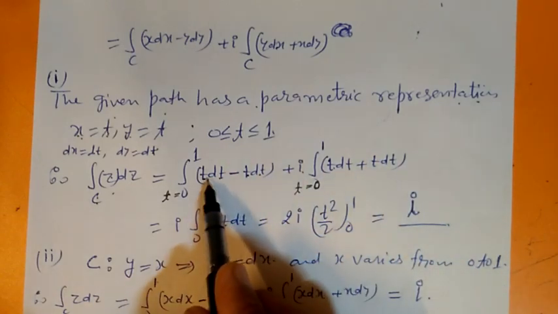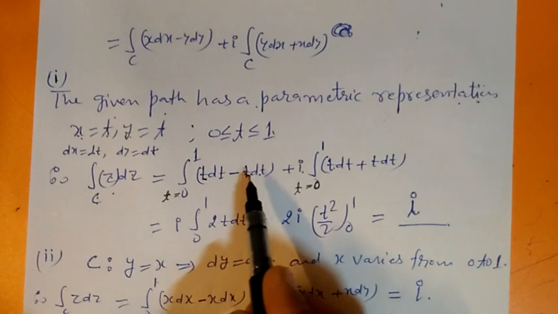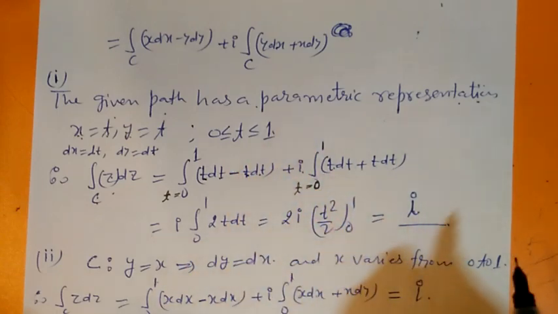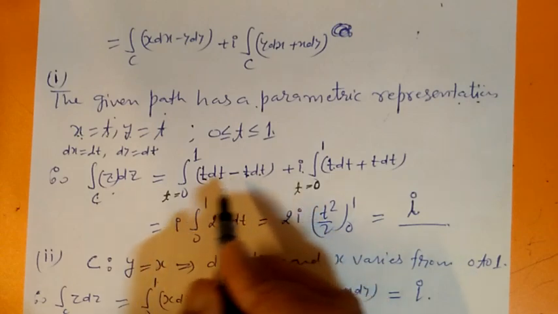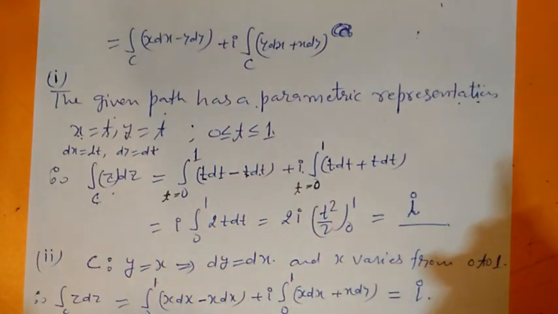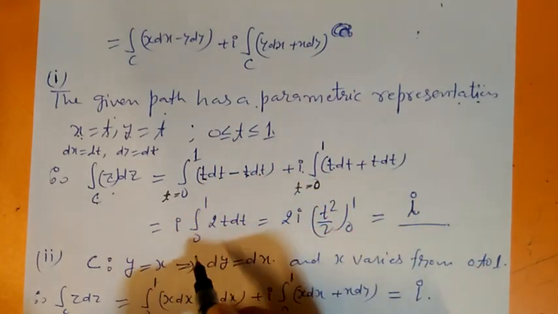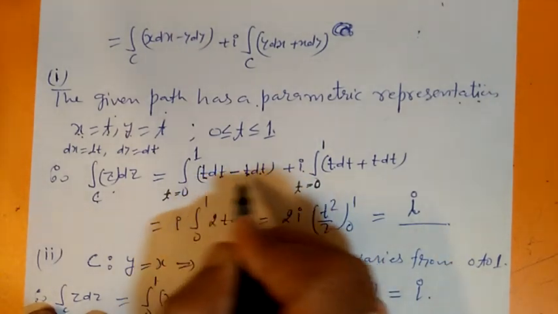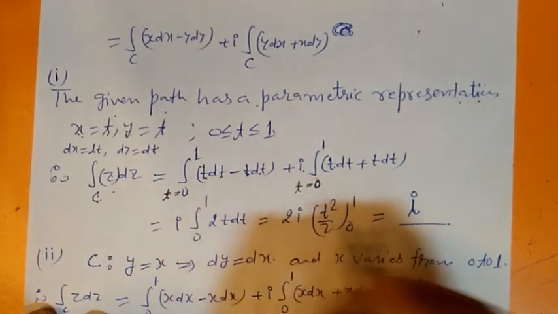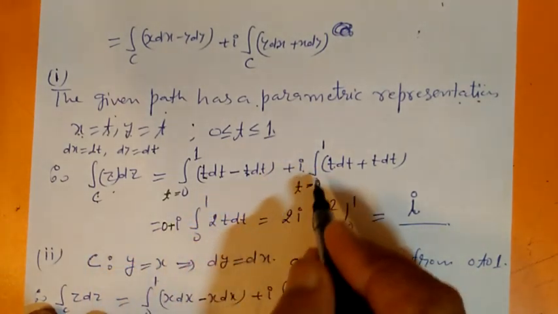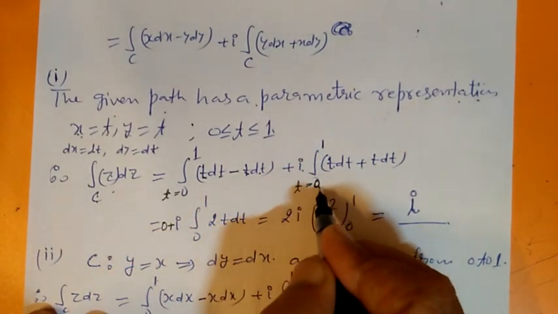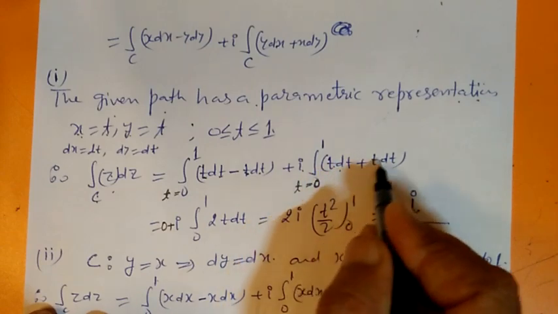Taking dt as common, t minus t is 0, so this term becomes 0, plus i times the integral of t dt plus t dt from t equal to 0 to 1.